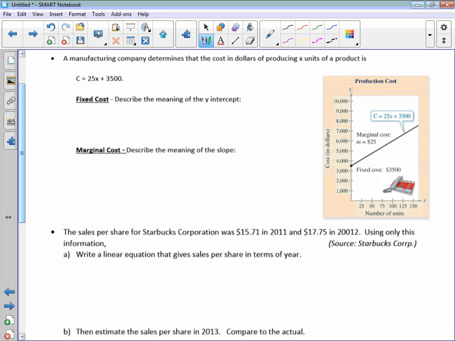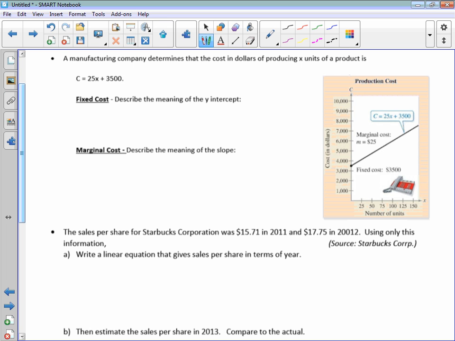What does that mean for this company? They have to pay 3,500 at the start. Just to get things started, it costs them this fixed amount of 3,500. It doesn't cost them that every time they produce whatever item they're producing, but to get things started, it's like a startup cost.